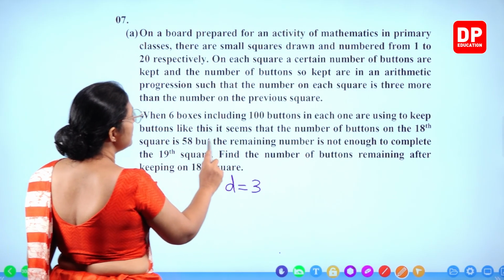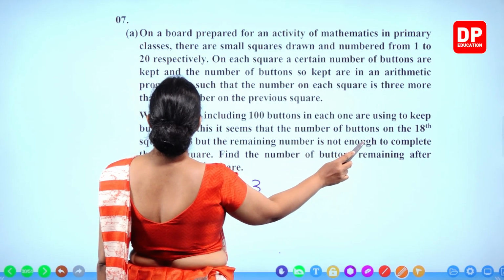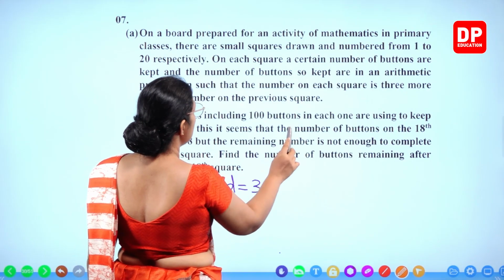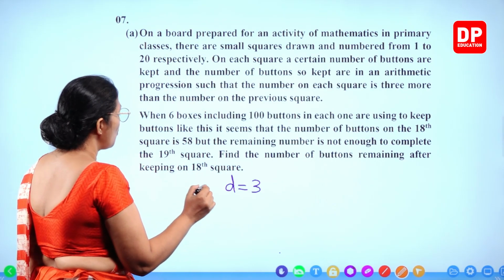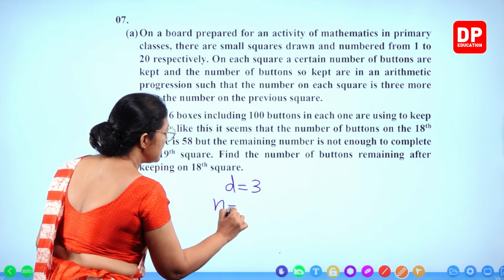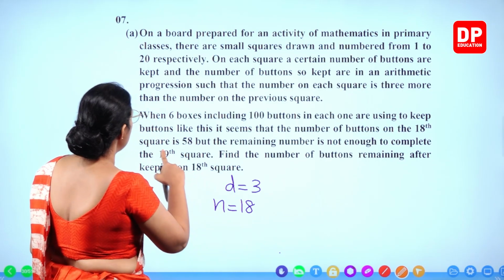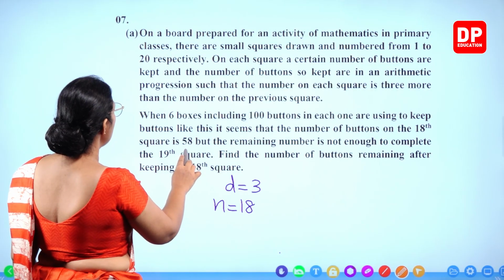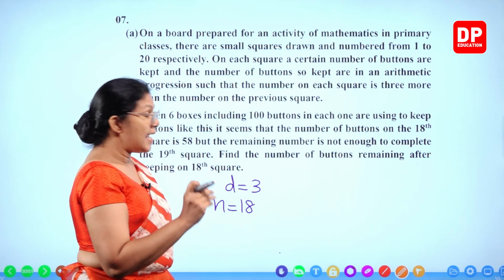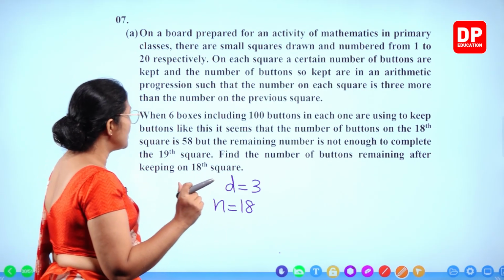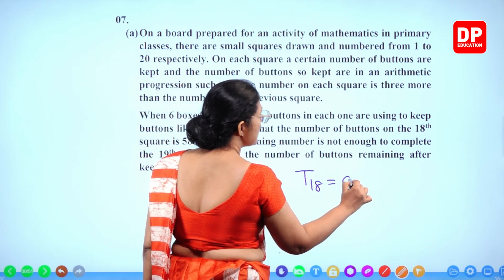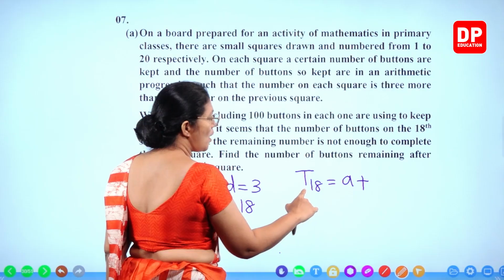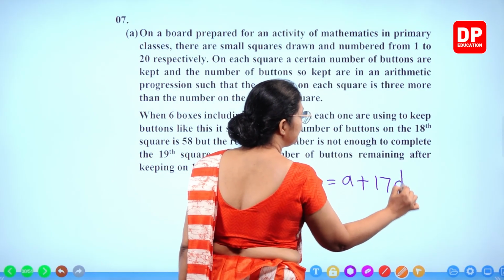So you can find the first term using this statement. It says the 18th square is 58. Here, the number of buttons on the 18th square. So when n equals 18, number of buttons is 58. So 18th term is 58. So what is 18th term? First term plus n minus 1, so that's 17d.